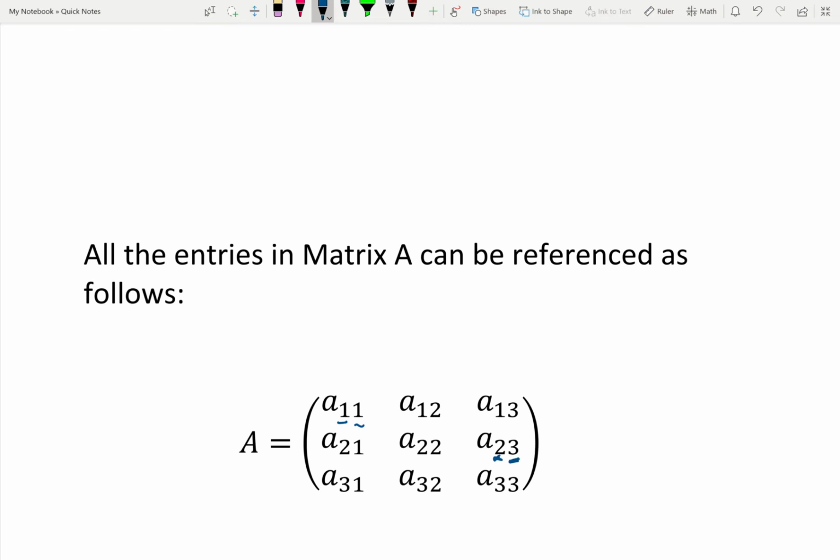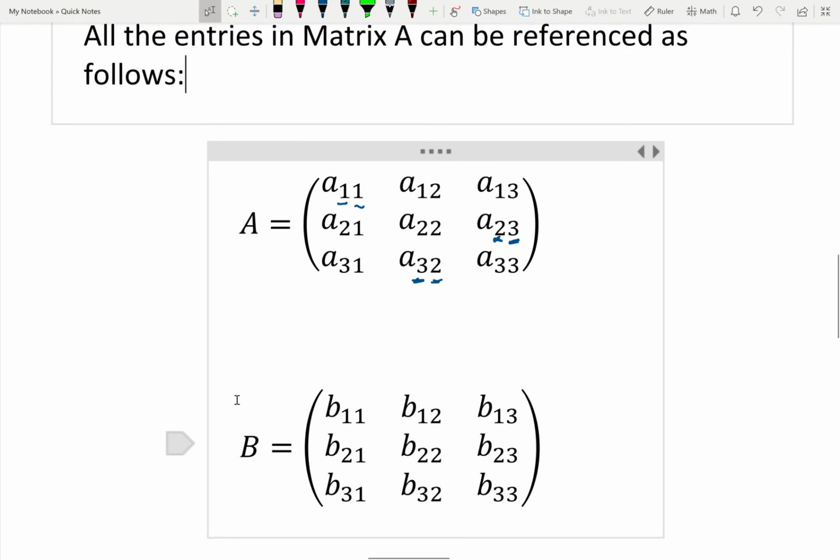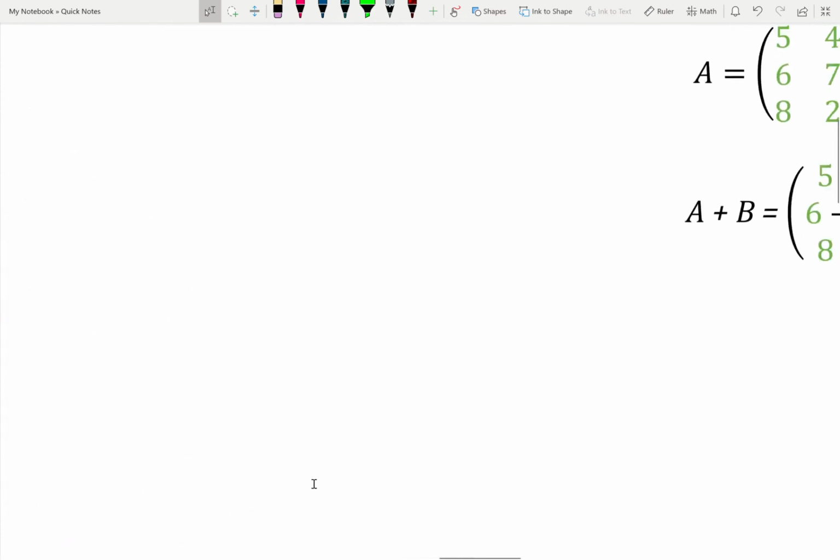This one is in row 3, column 2, right? So you get the picture. Rows first, then columns. And if my matrix name was capital B, then all the elements will have a lowercase b as their name. Okay.